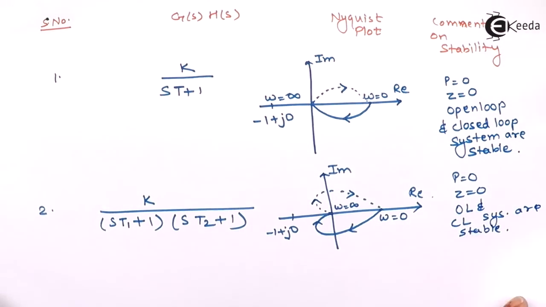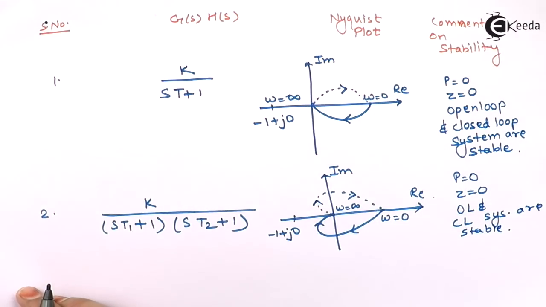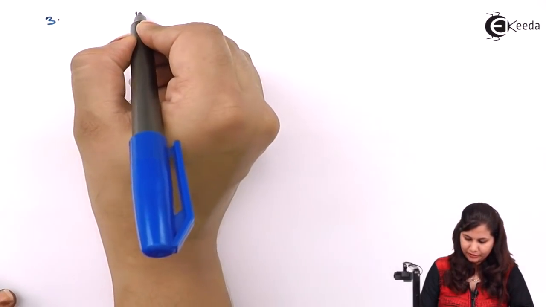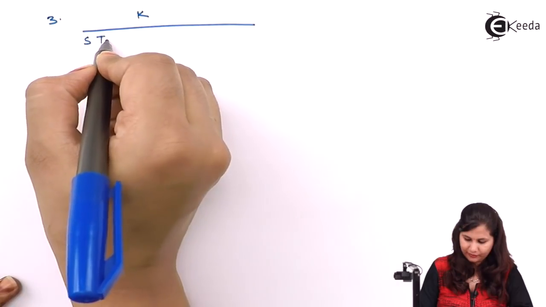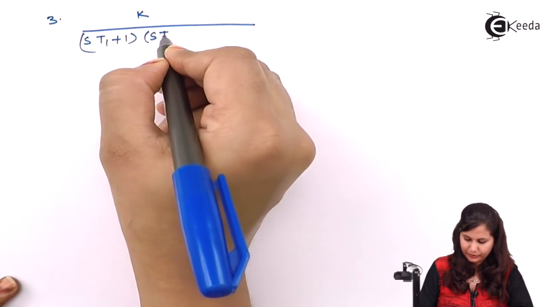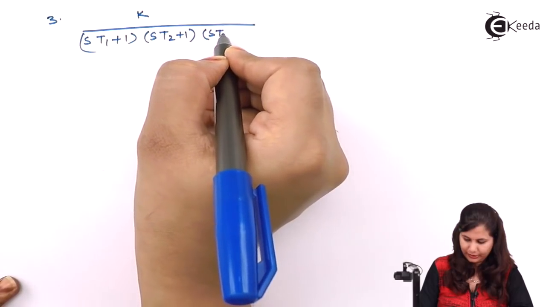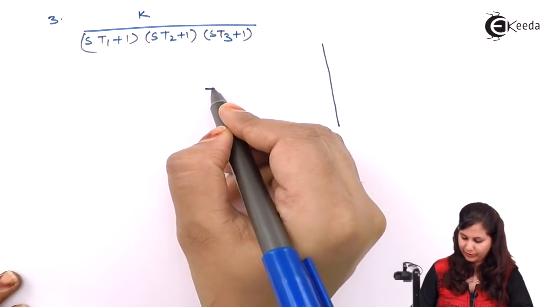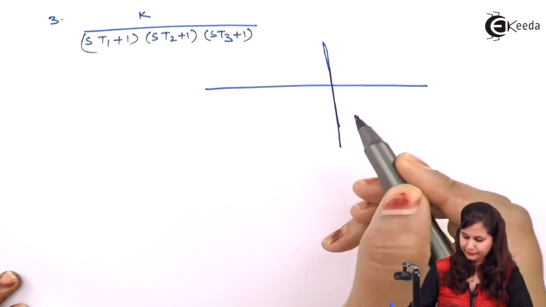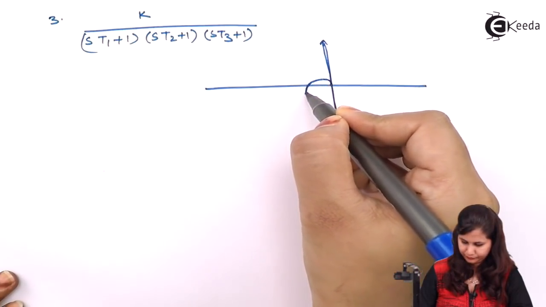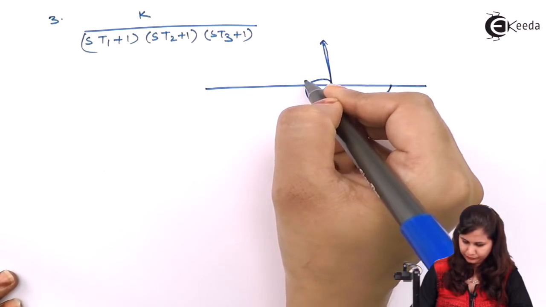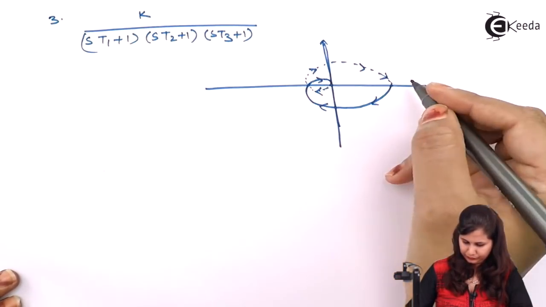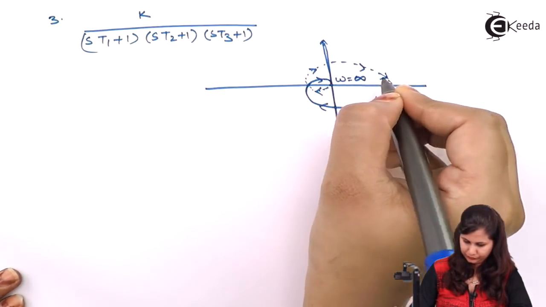Okay, now the third transfer function. We just add another pole: (sT1 + 1), (sT2 + 1), and (sT3 + 1). Such a system will have the Nyquist plot as follows.